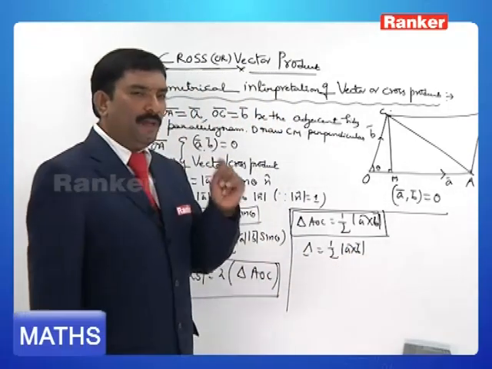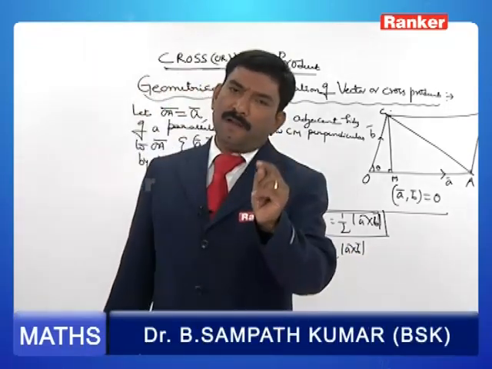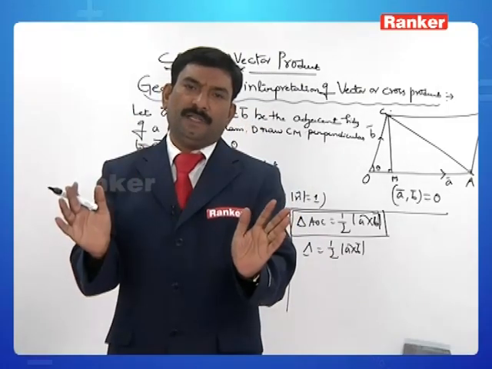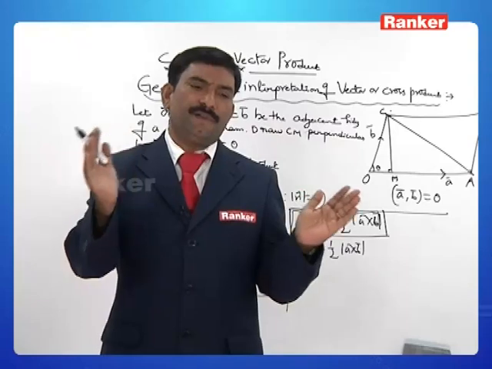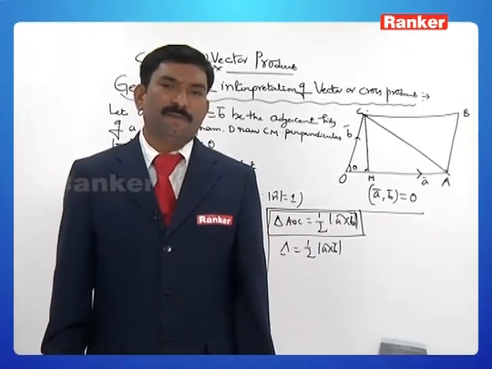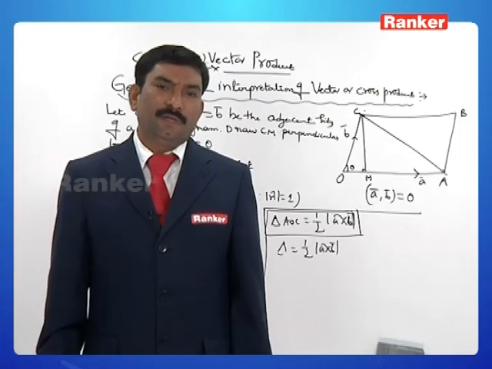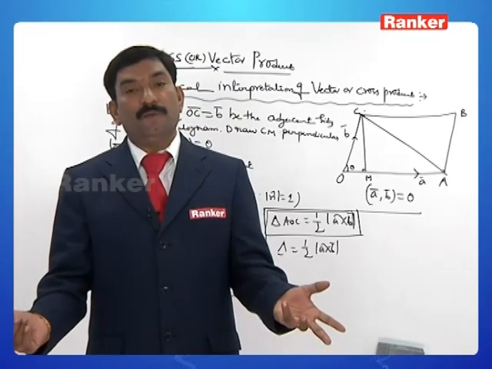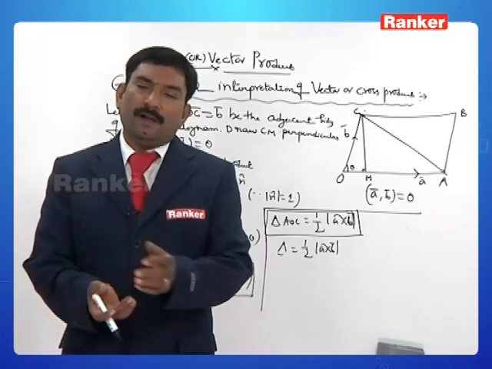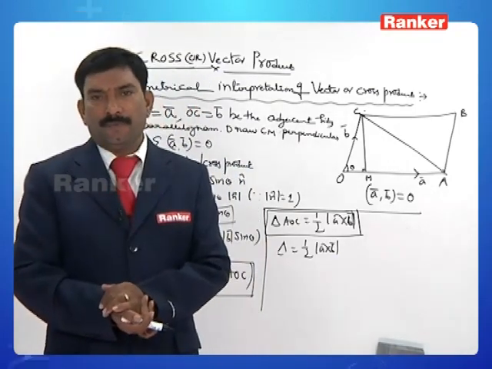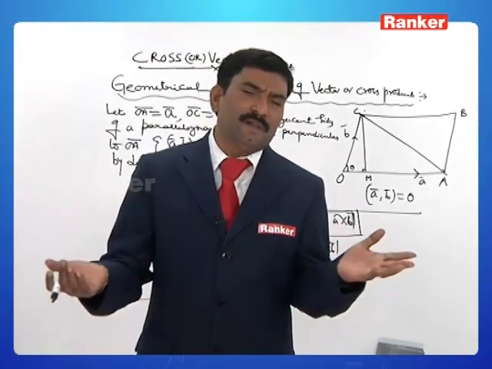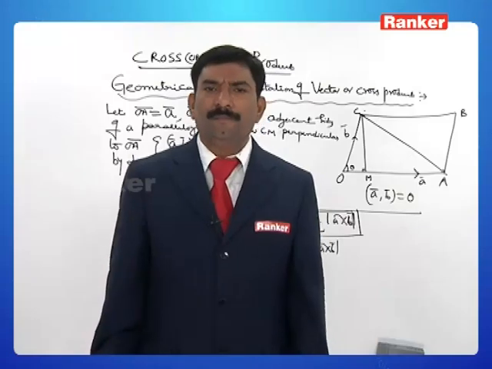Remember, when A bar and B bar are the sides of a triangle, the area of a triangle is half into modulus of A cross B. Followed? If three sides are given, A bar, B bar, C bar, you can go for either half into A cross B, or half into B cross C, or half into C cross A. All together they are same.